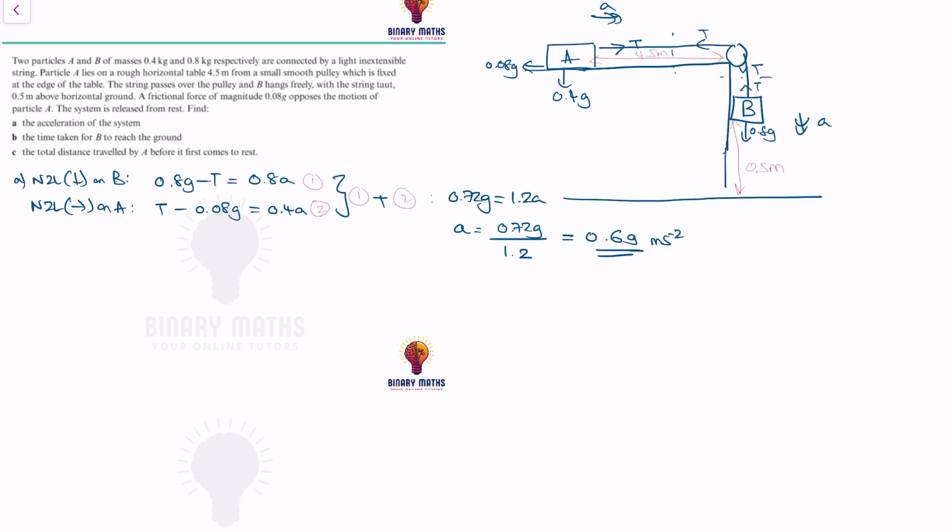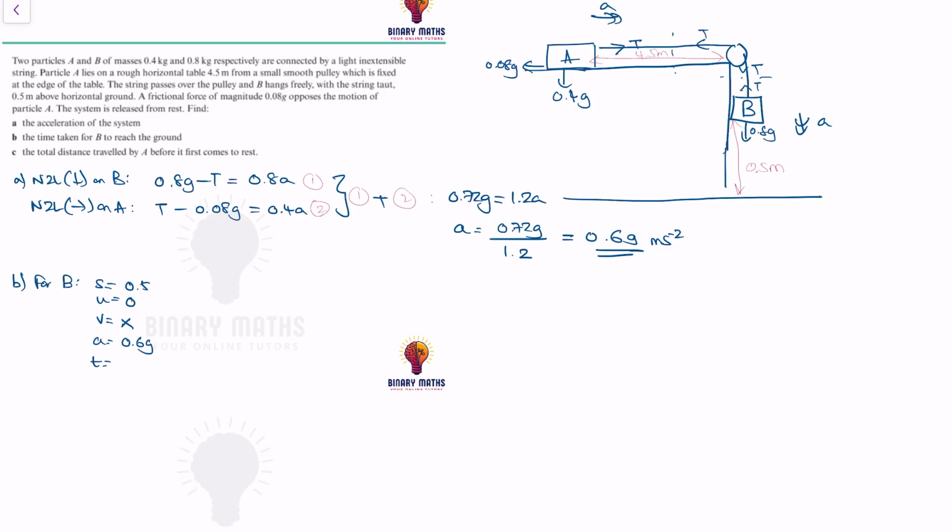Part B: the time taken for B to reach the ground. Okay, so for B, reaching the ground, it travels 0.5 meters. It starts initially from rest. We don't know the final velocity. We know acceleration is 0.6g.